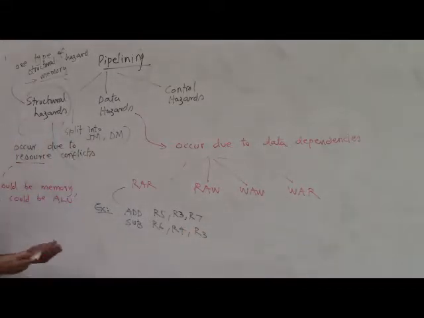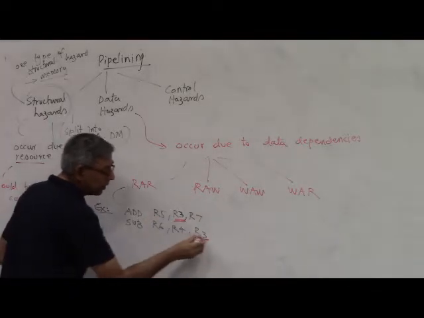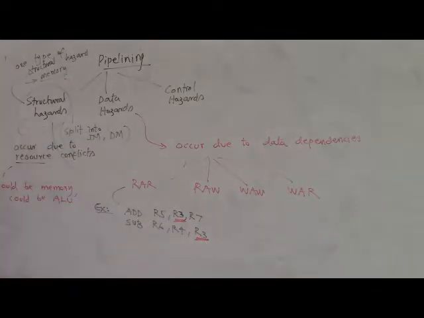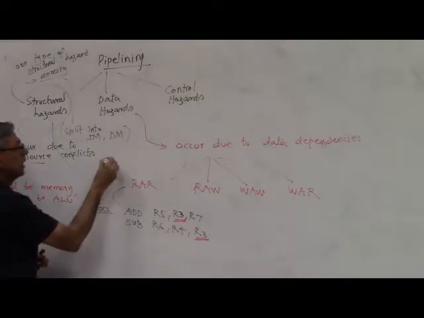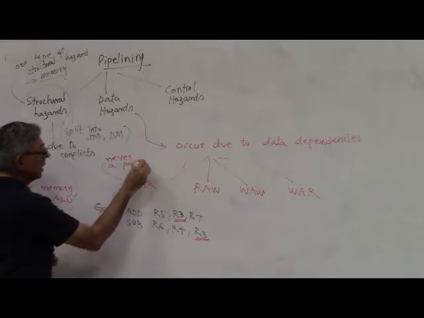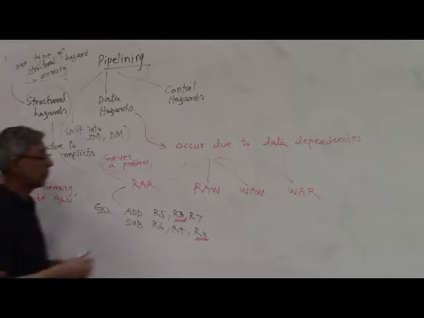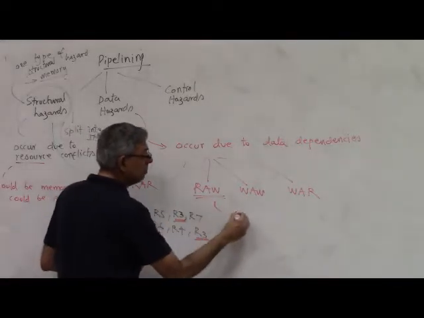As you can see, we are reading from R3 over here, and reading from R3 over here, but reading never changes the register, so no matter what architecture you are creating, RAR is never a problem. This is just for theoretical interest, right? Let's go to RAW. This can be a problem.